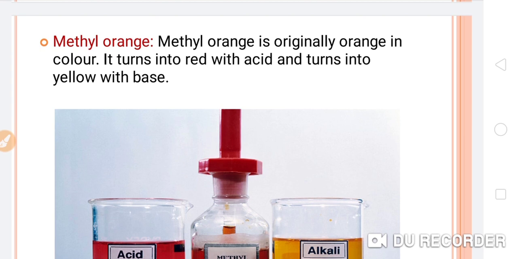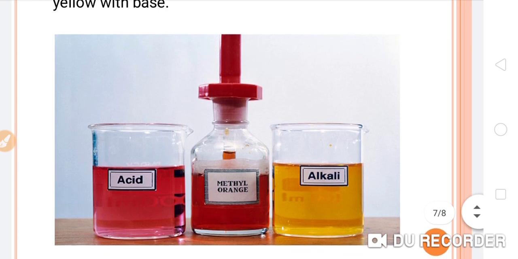And if you treat it with a basic solution, its color will turn yellow. Initially the color of methyl orange was orange. Okay, so with the help of methyl orange we can easily identify the acidic or basic solution.